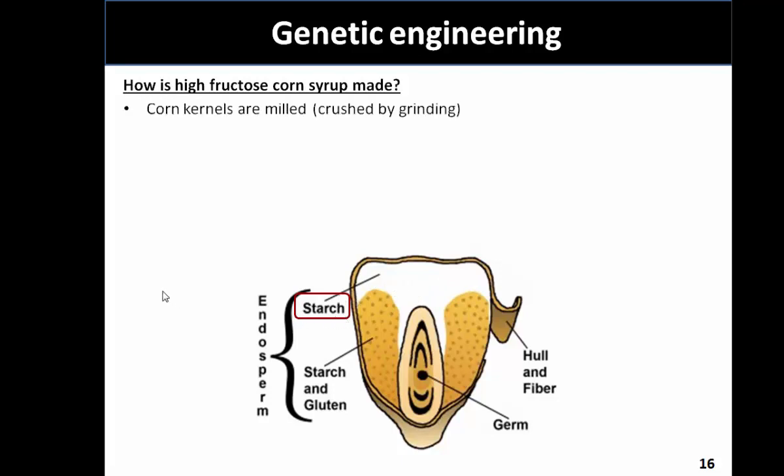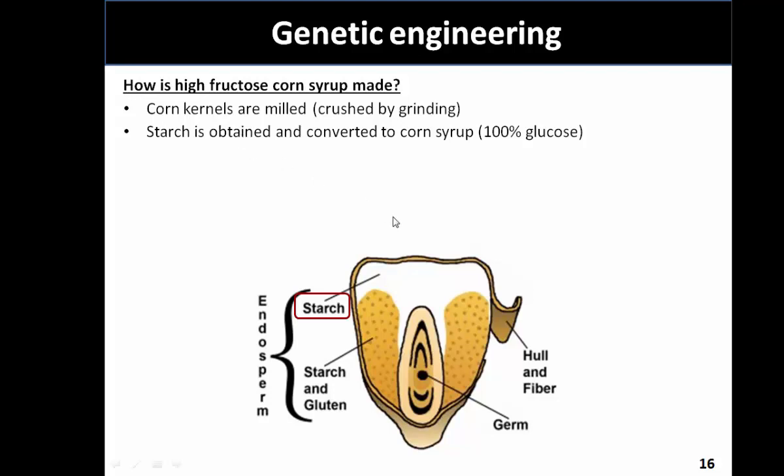carbohydrate-only molecules. In order to get access to this starch, corn kernels are milled, which refers to the fact that corn kernels are crushed by being moved through steel rollers, so they're ground up. By grinding up, the parts of the corn kernel are separated from each other.